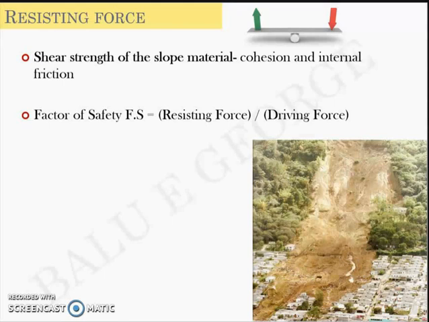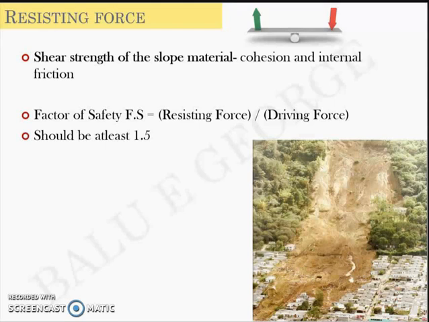In our general case, shear strength is the resisting force, and the action due to water and gravity is the driving force. So the ratio gives you the factor of safety. The higher the factor of safety, the higher is the strength of the slope, and more will be the chances of safety. So the factor of safety should be at least 1.5. The higher the factor of safety, let's say if you have a slope with a factor of safety of 3, it's the best.